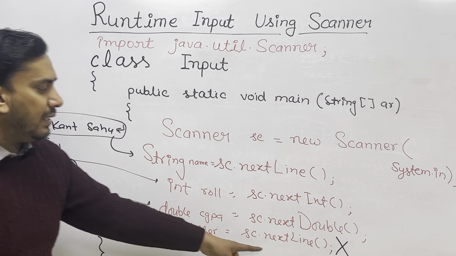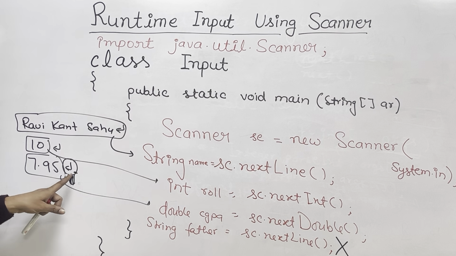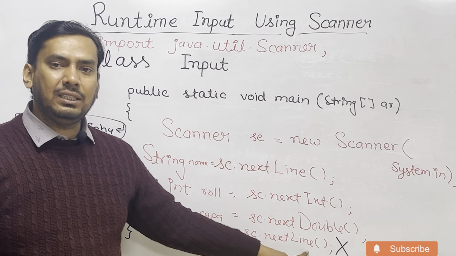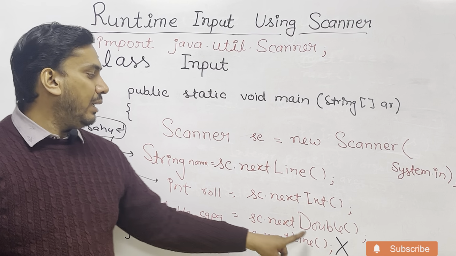Whenever the nextLine method comes, it will read that \n and say I am done with my input, and that is why the input will not be taken from your console. So, whenever you are using these token based methods and want to use nextLine after that, you first have to consume that \n.